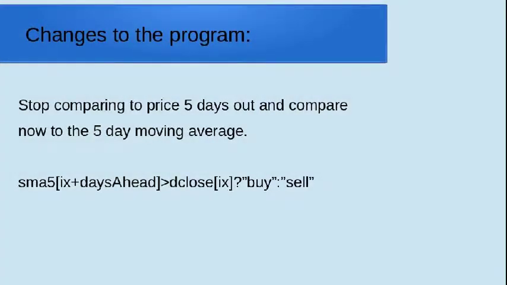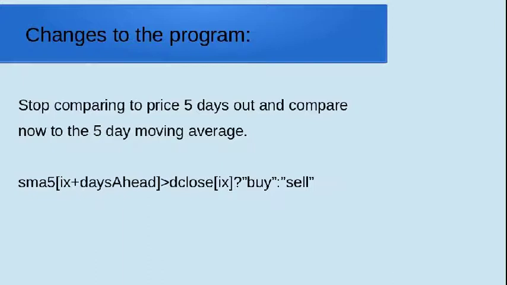One of the first changes I've made to the program is how I built the classifying attribute, which I called result. The previous versions of the code looked at the close 5 days ahead and compared it to the current close.